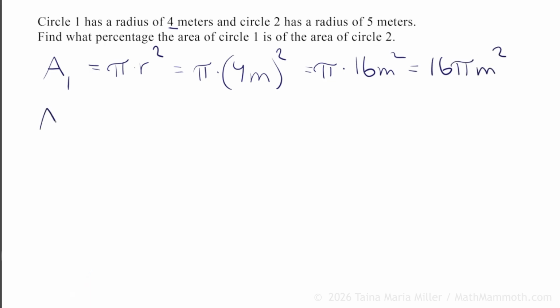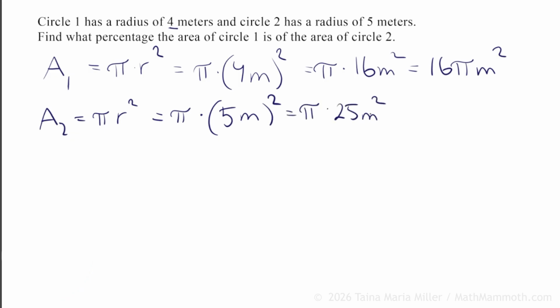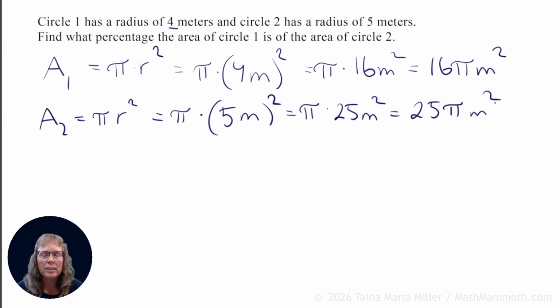And then the second circle, 5 meters. 5 meters is the radius, and we square that. So pi times 25 square meters, or 25 pi square meters. And now it asks what percentage is the area of circle 1 of the area of circle 2, so we will write a fraction to solve that.